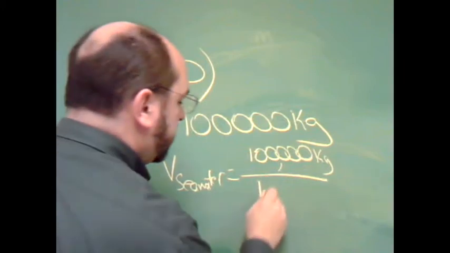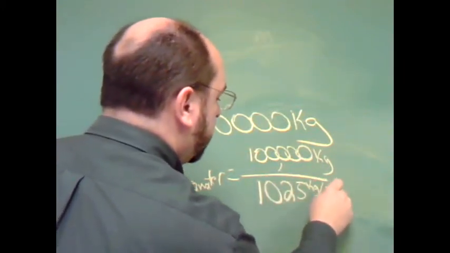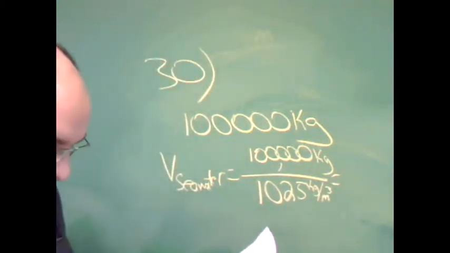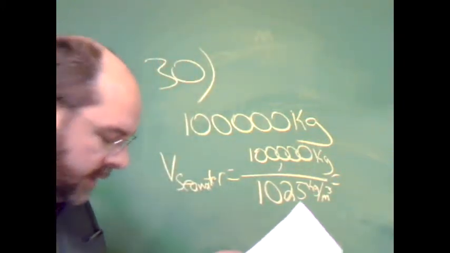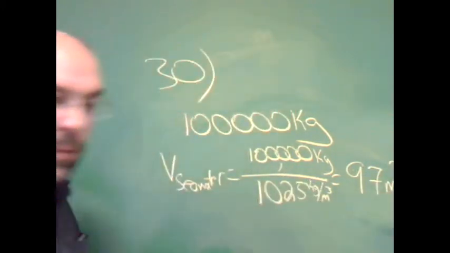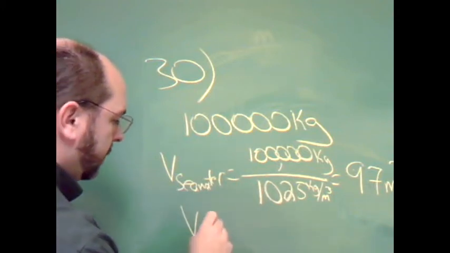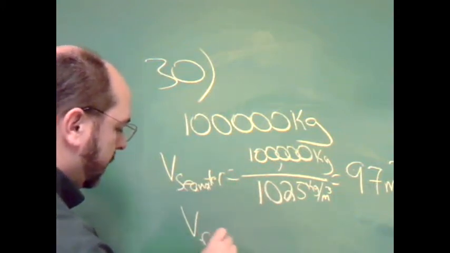You have to look that up somewhere. It's 1,025 kilograms per cubic meter. So that ship will be displacing 97 cubic meters of seawater.